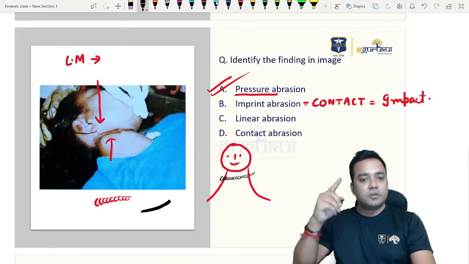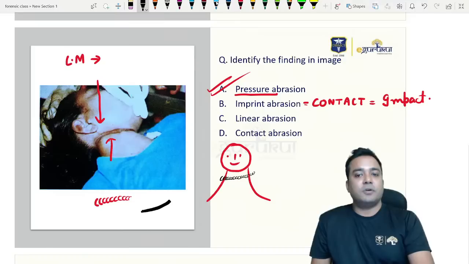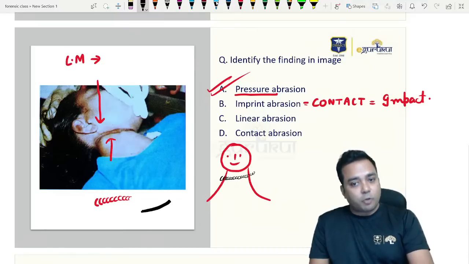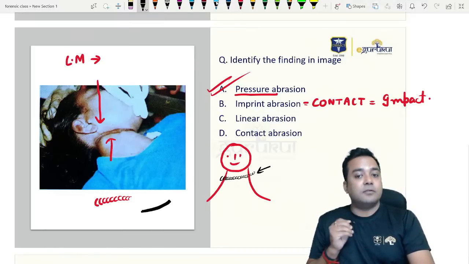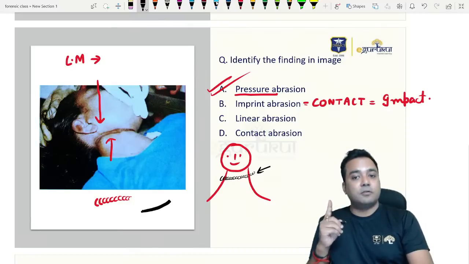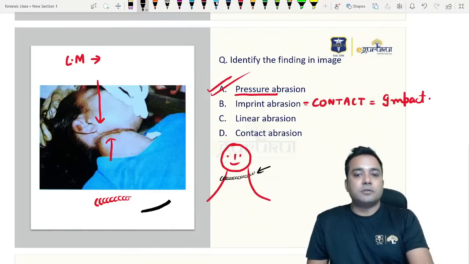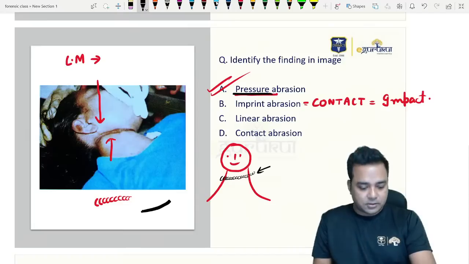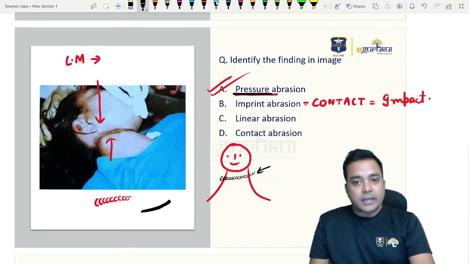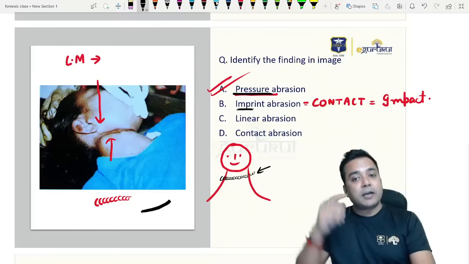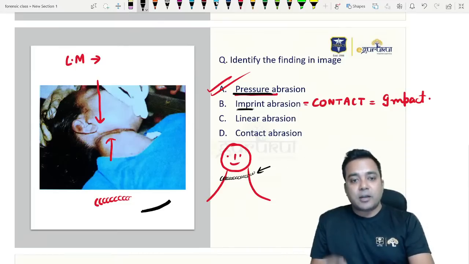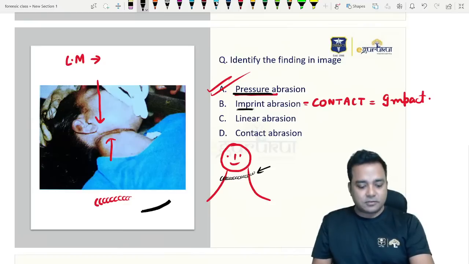There was no pattern shown. If pattern abrasion is an option and you are getting a pattern of the ligature mark, then go with pattern abrasion. But here the answer goes with pressure abrasion. Correct? Yes, imprint abrasion includes tire abrasions, headlight rim abrasions, and radiator grill abrasions.